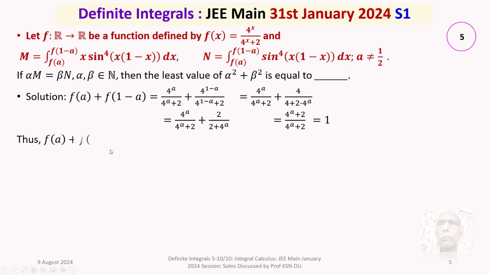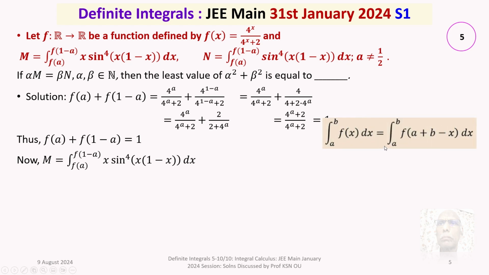Now f of a plus f of 1 minus a is 1. Now M is the integral from f of a to f of 1 minus a of x times sine to the power of 4 of in brackets x into 1 minus x with respect to x. So we apply this King's property, replacing x by f of a plus f of 1 minus a minus x, that is 1 minus x.